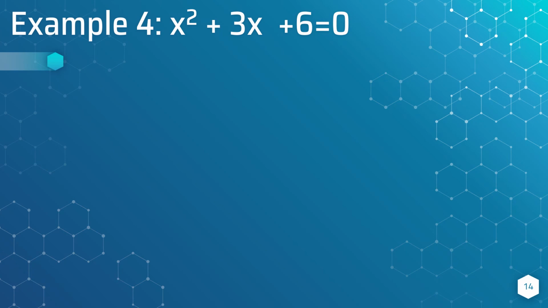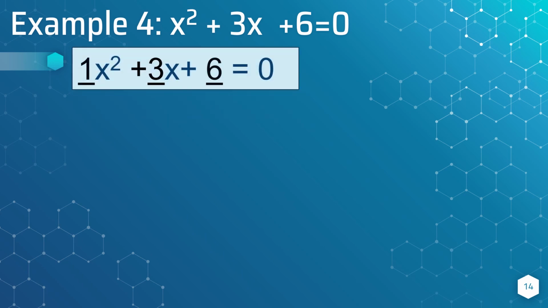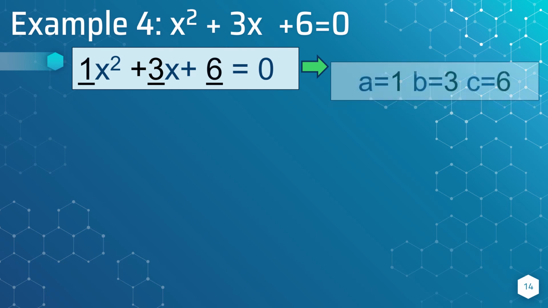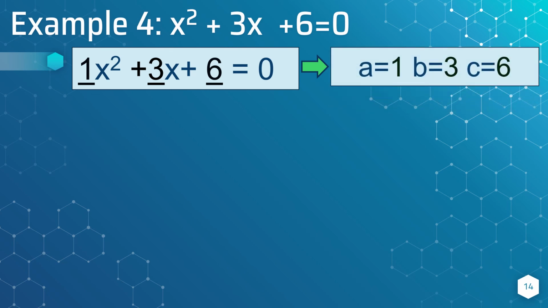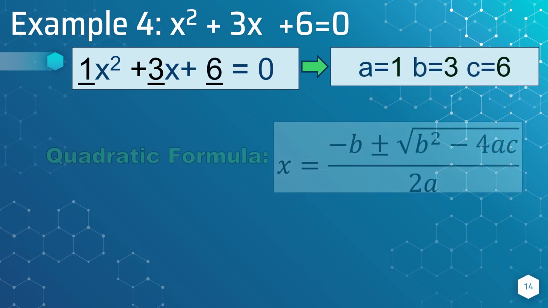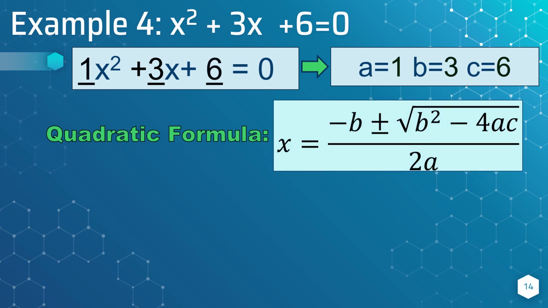Let us now proceed to our last example. We have here x squared plus 3x plus 6 equals 0. This is already written in its standard form. Now, let us just identify the values of a, b, and c. And then, write the quadratic formula. x is equal to negative b plus minus square root of b squared minus 4ac all over 2a.